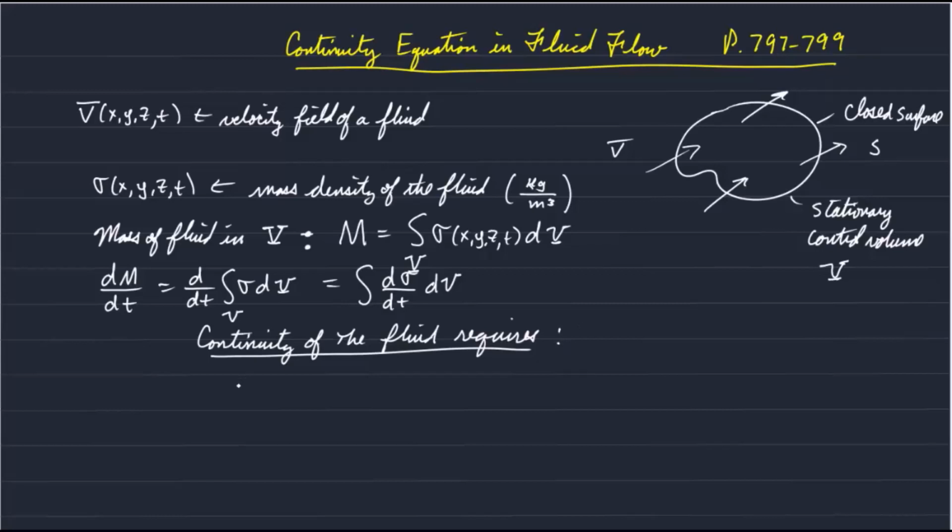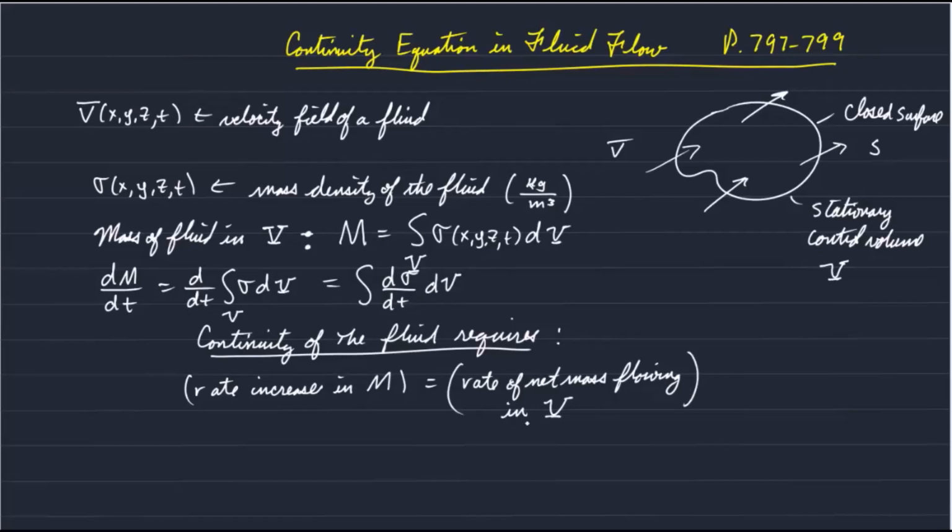It requires that the rate of increase in mass, m, is equal to the rate of net mass flowing into the volume, V. So if there's a net rate of mass flowing into the V, then that contributes to an increase in mass, plus the rate that mass is being created, again in our arbitrary control volume.